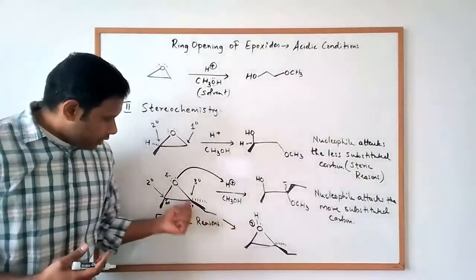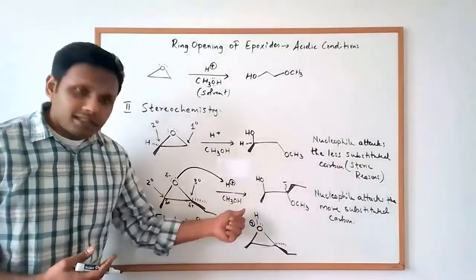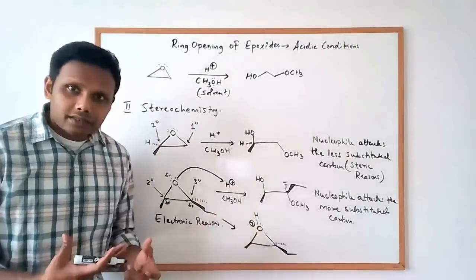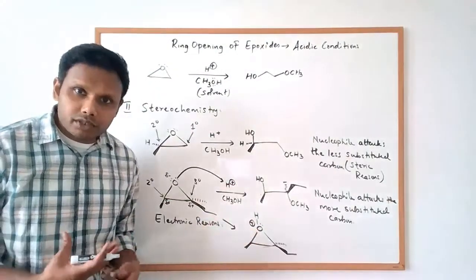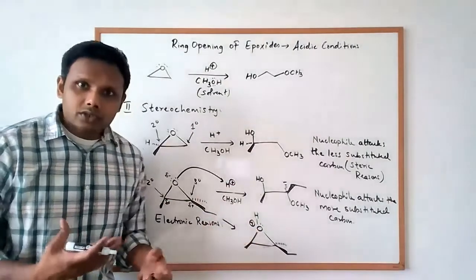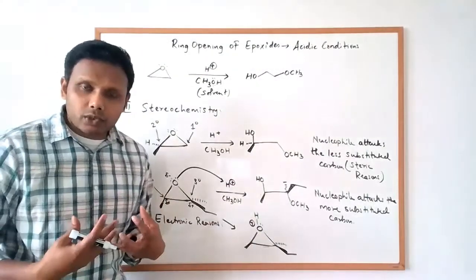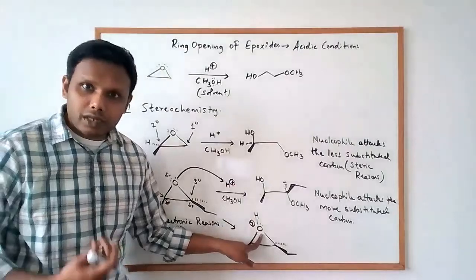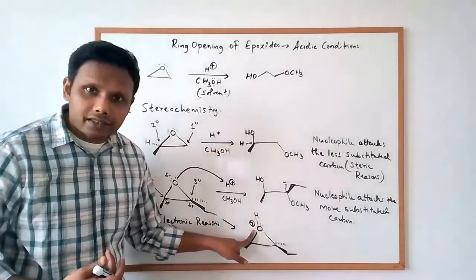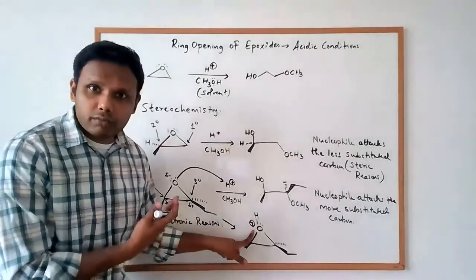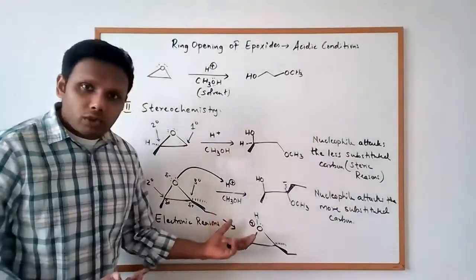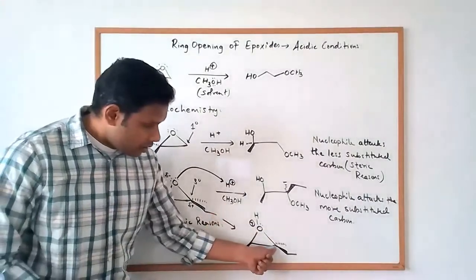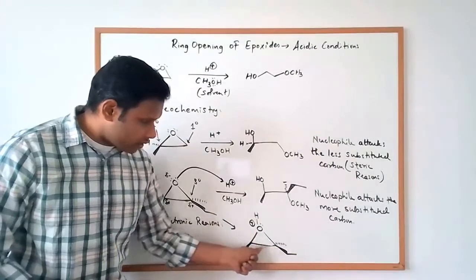Now, when this epoxide oxygen gets protonated, that's going to enhance the electron withdrawing ability of that oxygen. The oxygen is going to withdraw electron density more aggressively because it's an electronegative element and it has a formal positive charge on it.